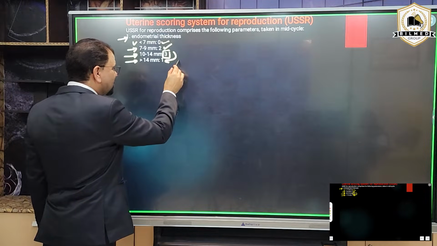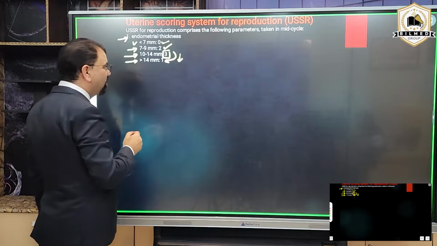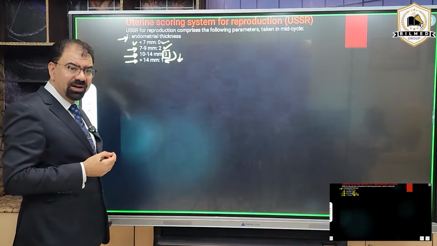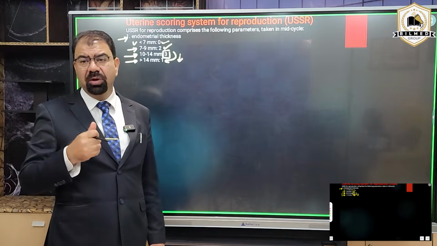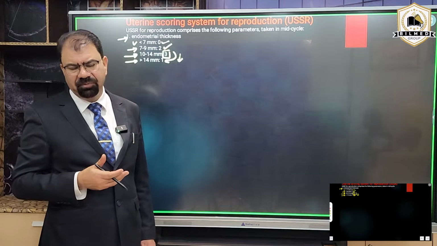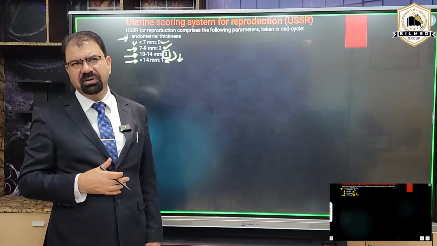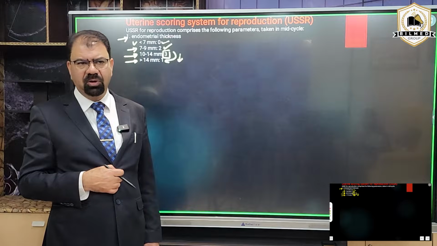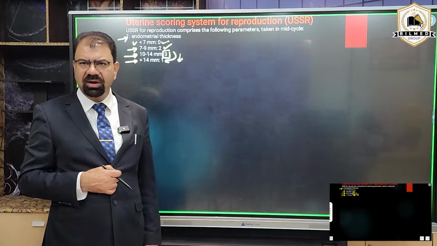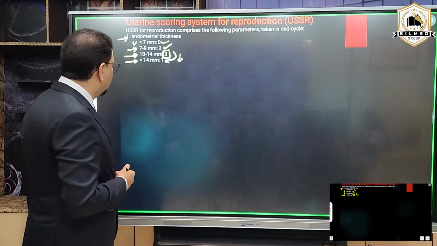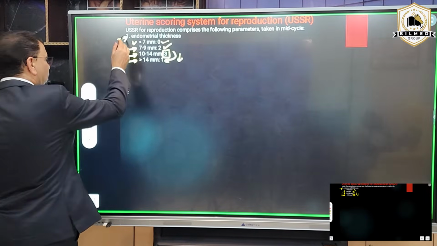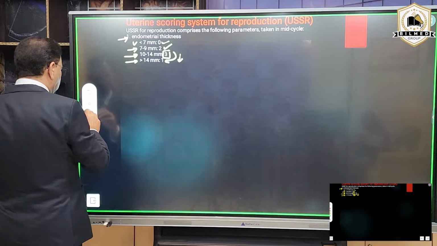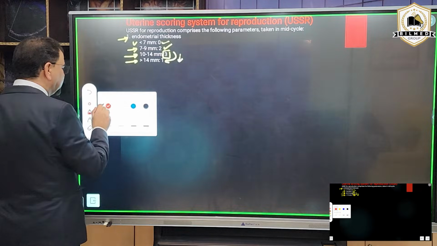Try to understand, with an increase in the endometrium, the score is dropping. Don't get happy with a thick endometrium because a thick endometrium is not a good endometrium. So this is how we look at the endometrium.